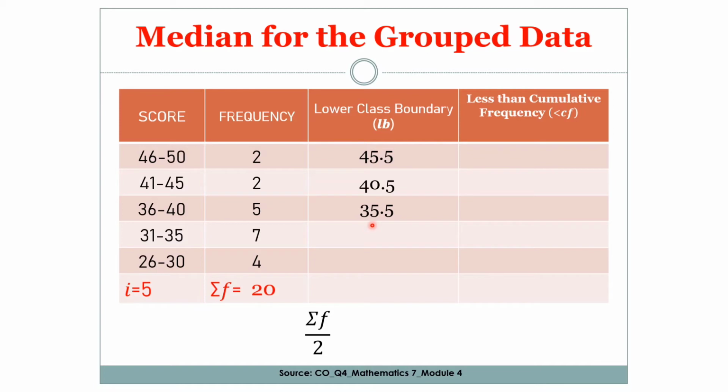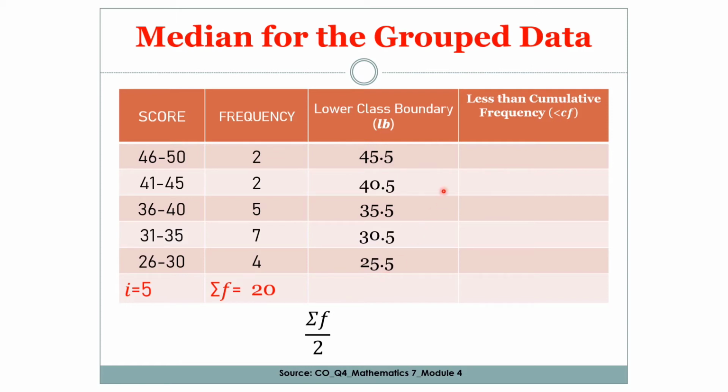It's 35.5. Next is 31 to 35. Yes, awesome. It's 30.5. And lastly is 26 to 30. Yes, awesome. It's 25.5. That is how you are going to obtain the lower boundary of each class.